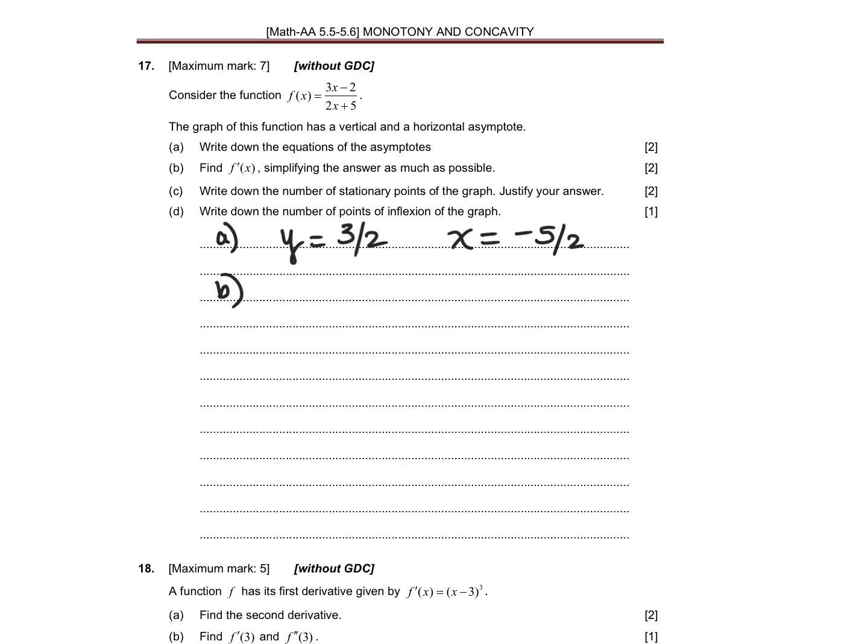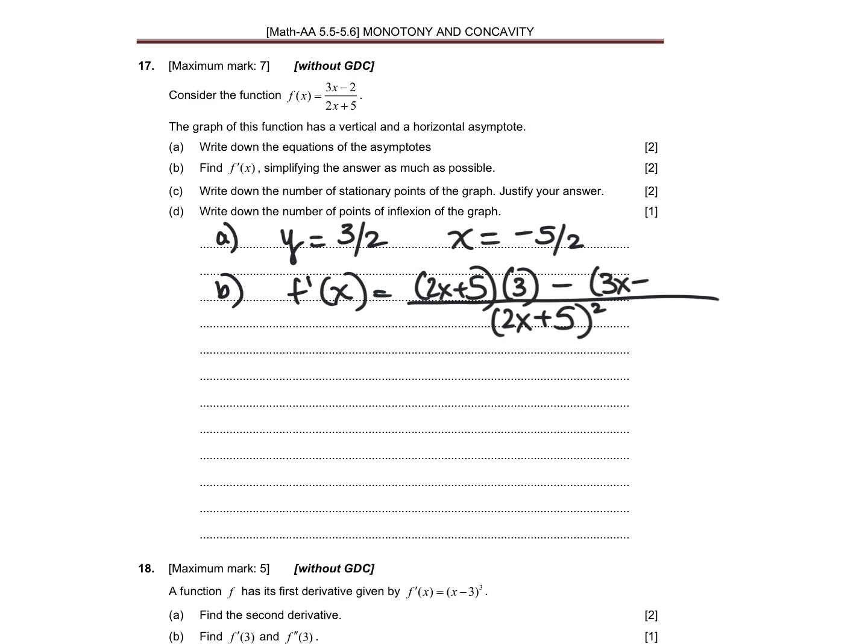So for B, find the first derivative, simplifying the answer as much as possible. So we have v on the bottom and u on the top. So we're going to have v times the derivative of u minus u times the derivative of v. So we can distribute.